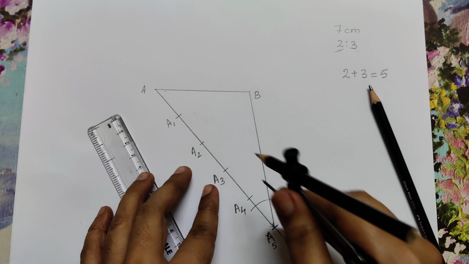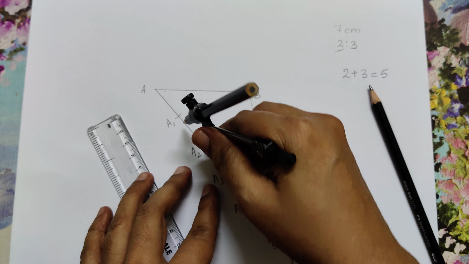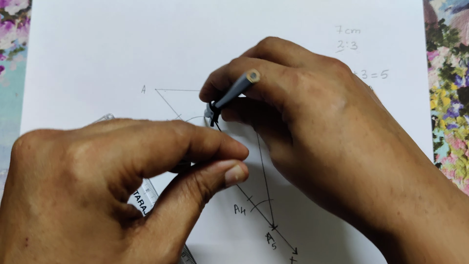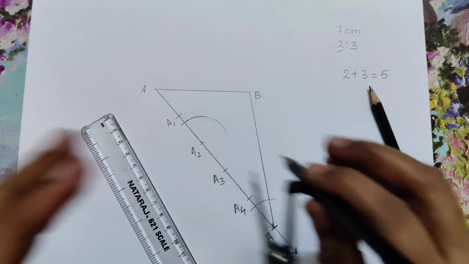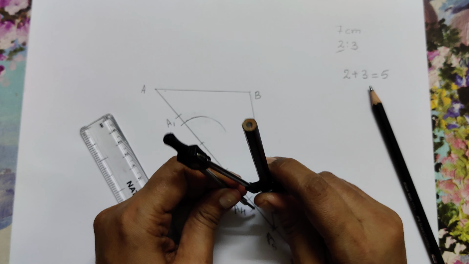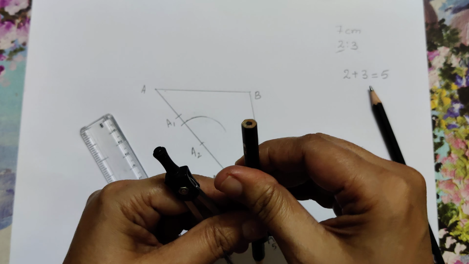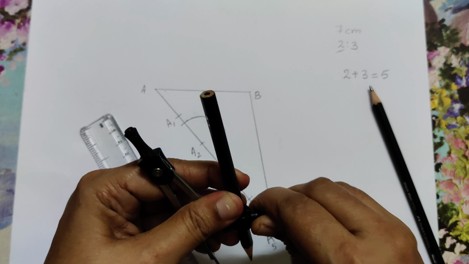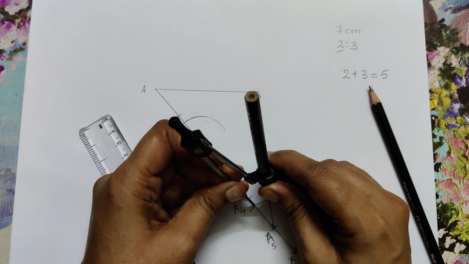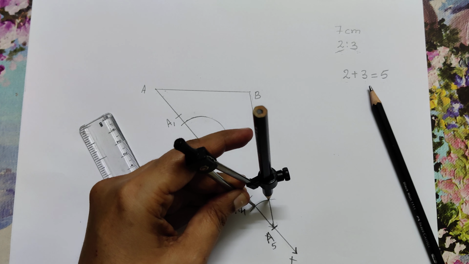With the same measurement from point A2, you will draw an arc with the same radius. You have not changed the radius. Now you should find out how wide this angle is. The width of the angle you can measure using the compass.